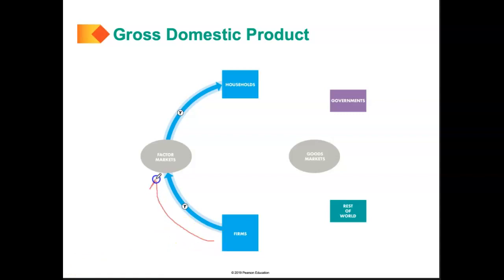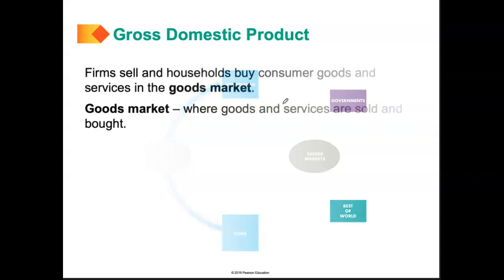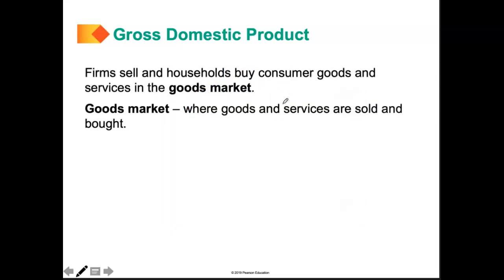Firms pay income to households because they buy the factors of production used to make their goods. The income is Y. So you have firms buying factors of production, and these factors of production come in turn from households.